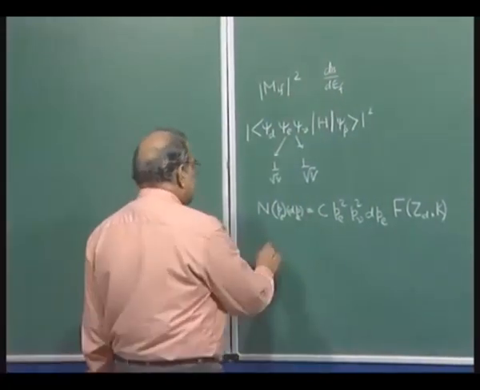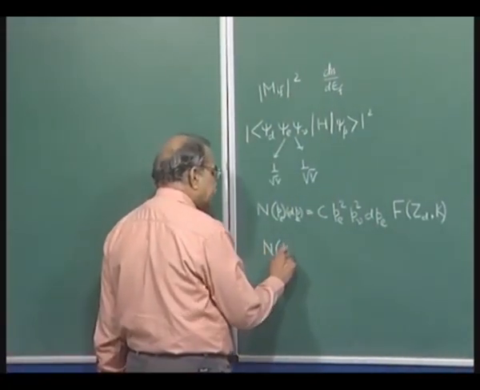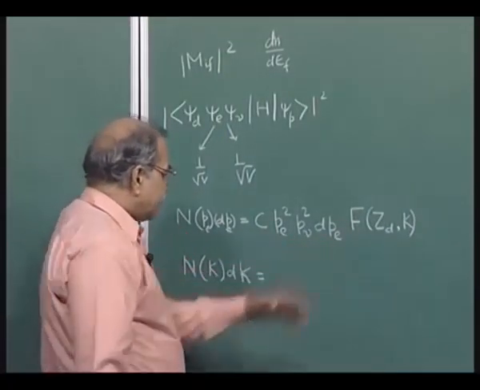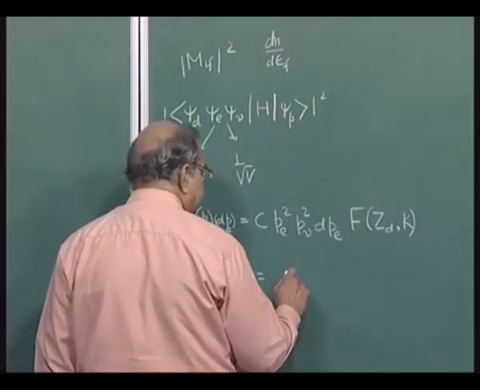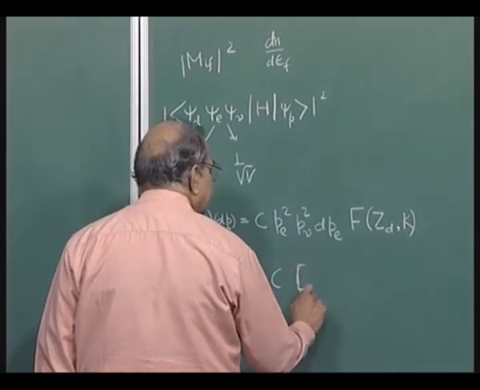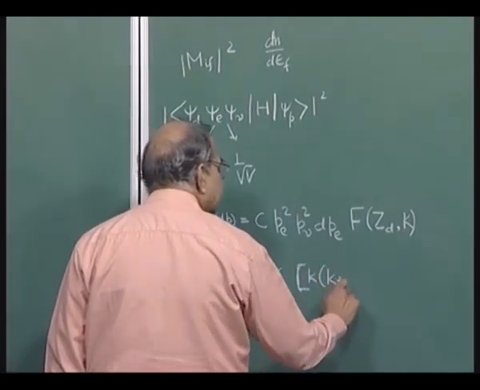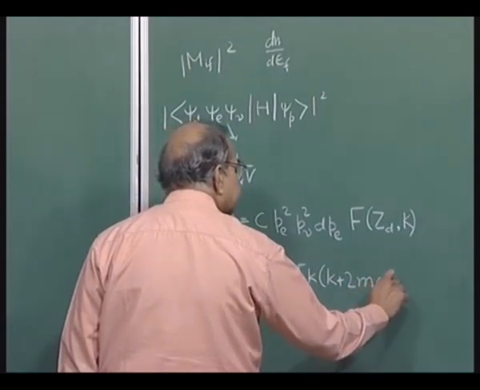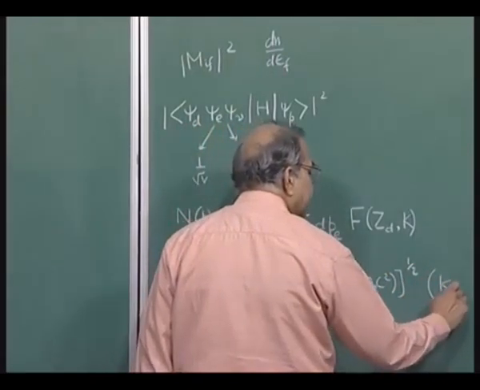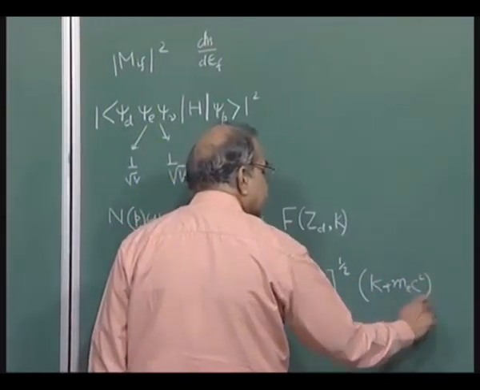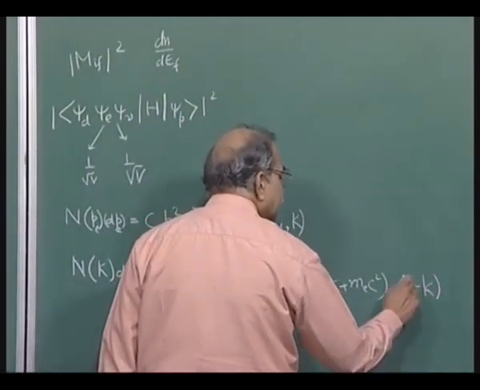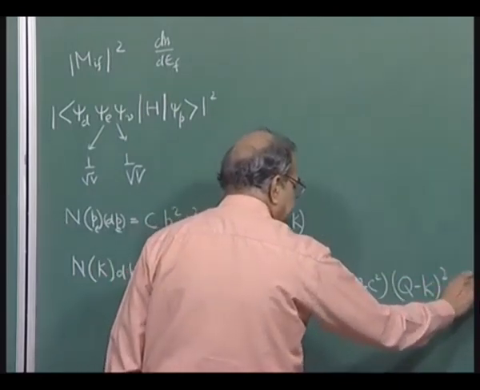In terms of kinetic energy, we can also do it in terms of kinetic energy. So, N_k dk, and when you put all these values in Fermi theory, it turns out to be some constant times a factor (k plus 2 m c squared) to the half, then a factor (k plus m_e c squared), and then a factor (Q minus k) squared, dk.